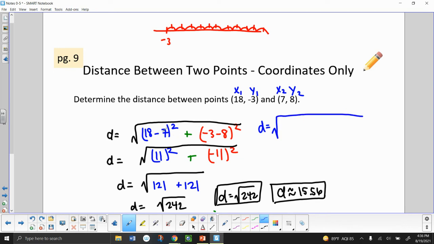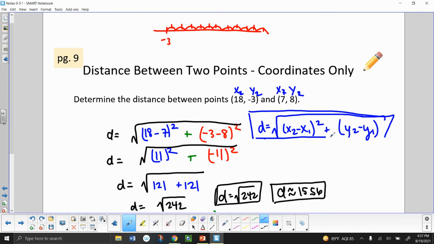We can find the distance between the x values, so x2 minus x1, it really doesn't matter the order, square that, plus the distance between the y values. So we're going to subtract them, y2 minus y1. So this right here is what we can use to find the distance between 2 points.